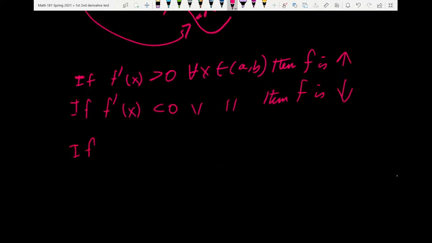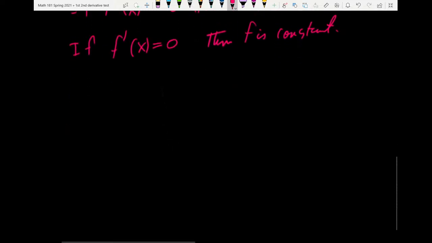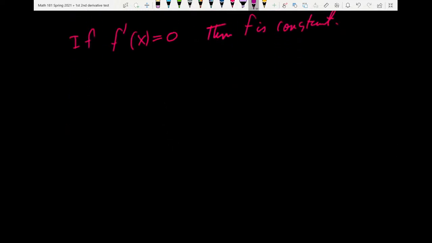Now if f prime of x equals 0, then f is constant. Sometimes we find the min or maximum. So let's look at this problem.